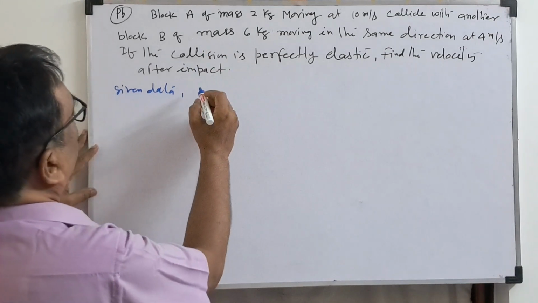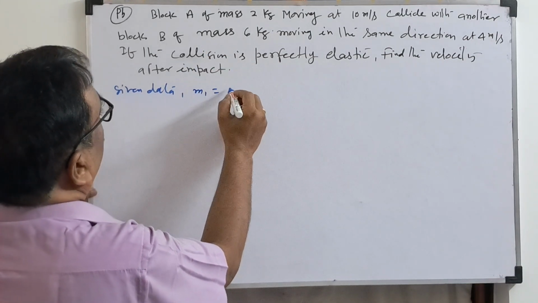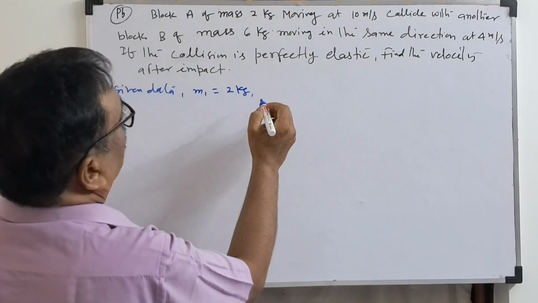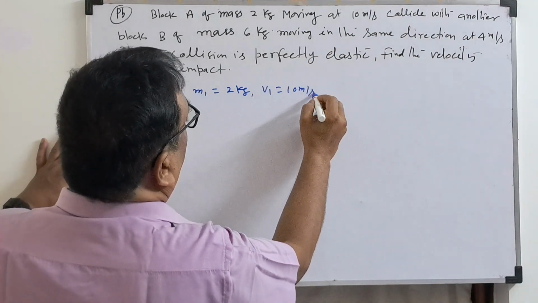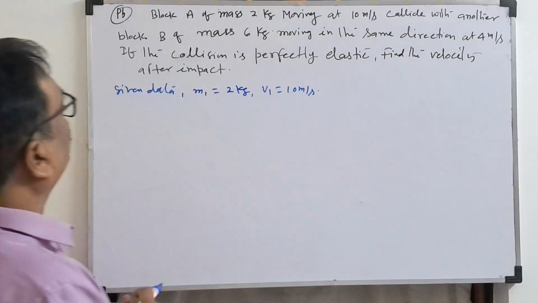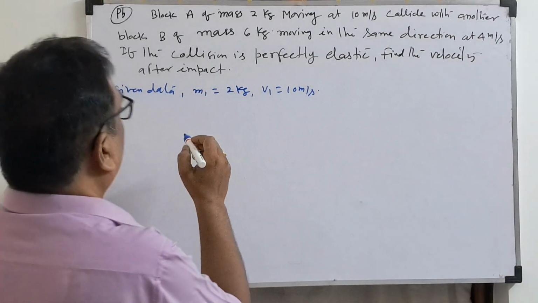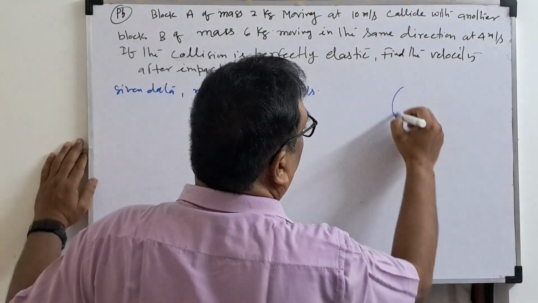Okay, block A has mass given as 2 kg, moving at a velocity of 10 meters per second, and collides with another block. So parallelly we draw a diagram also.